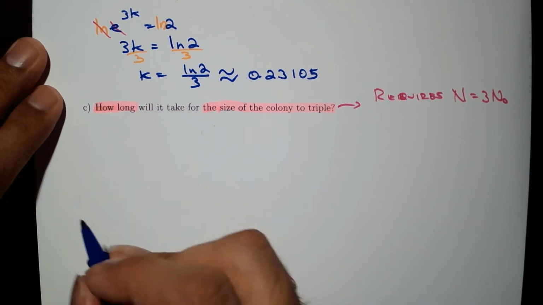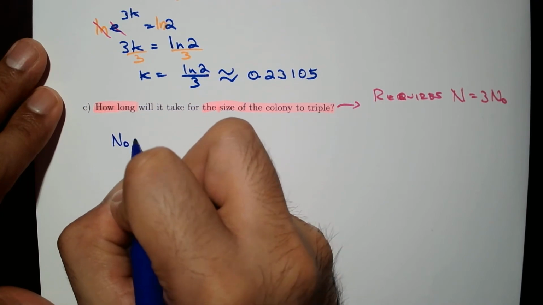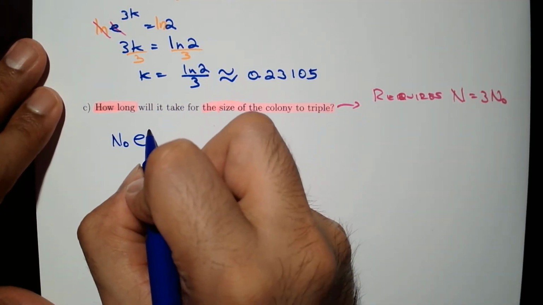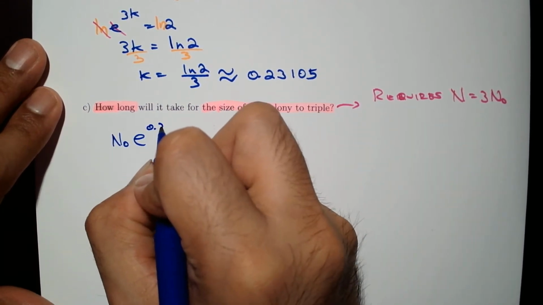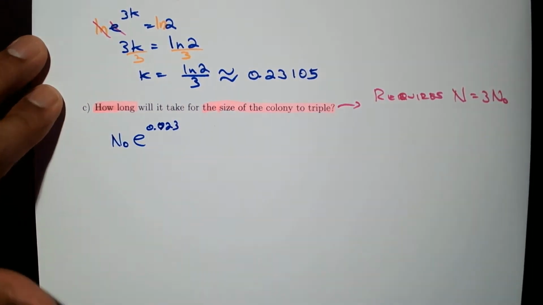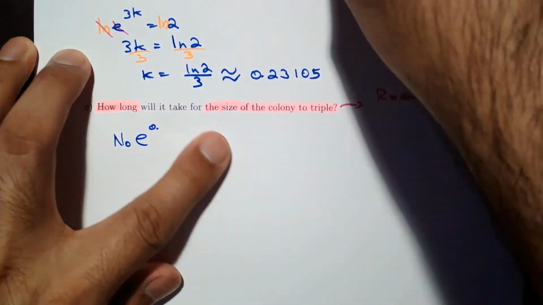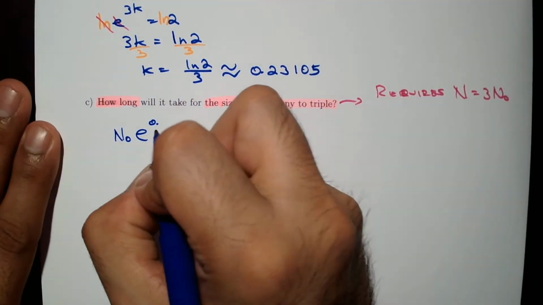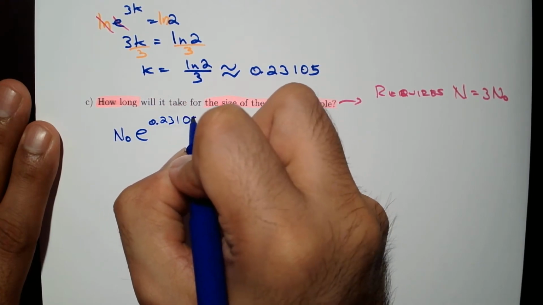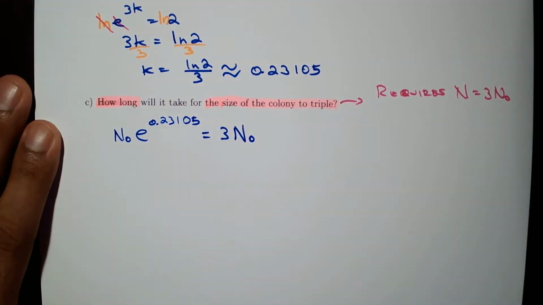So I'm going to set N initial e to the, well, in this case I know the value for k, which is 0.23105, that equals 3 times the initial, the triple of the initial.